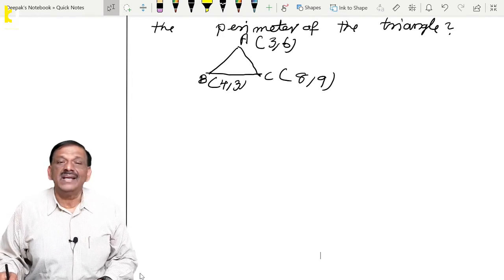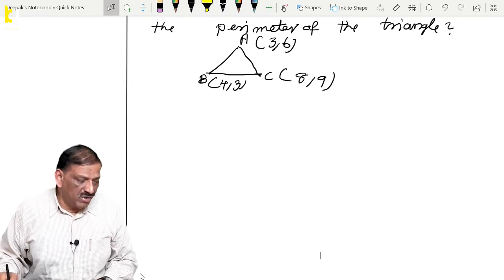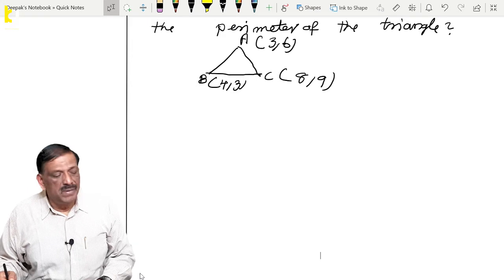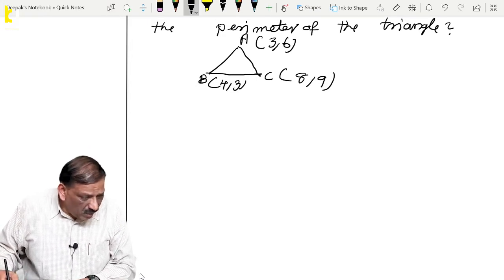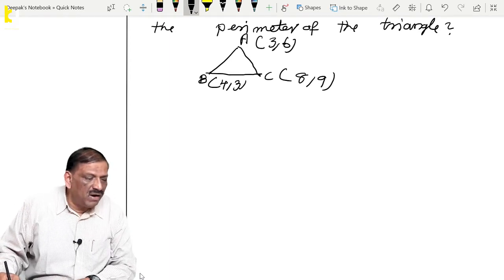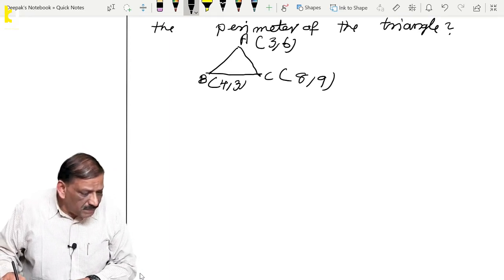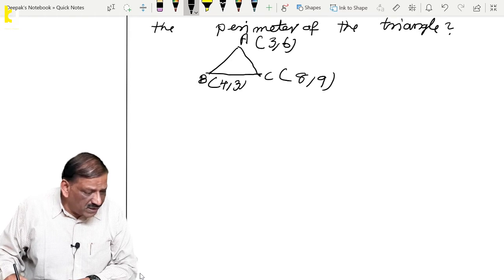We are studying the formulas of coordinate geometry using simple problems. You see, we can find out AB. A is (3, 6) and B is (4, 3).